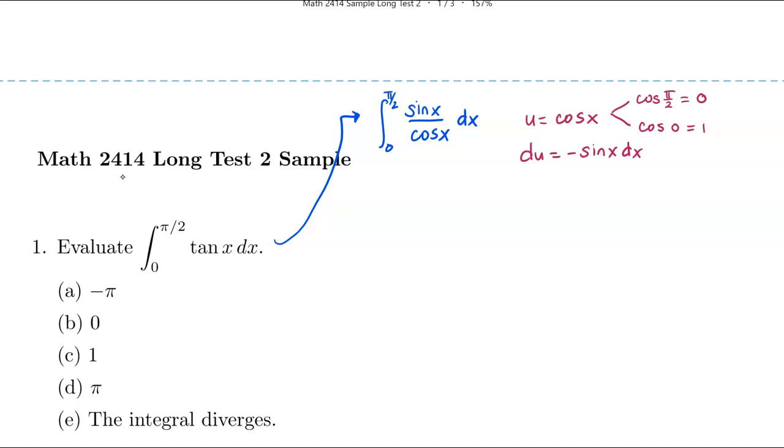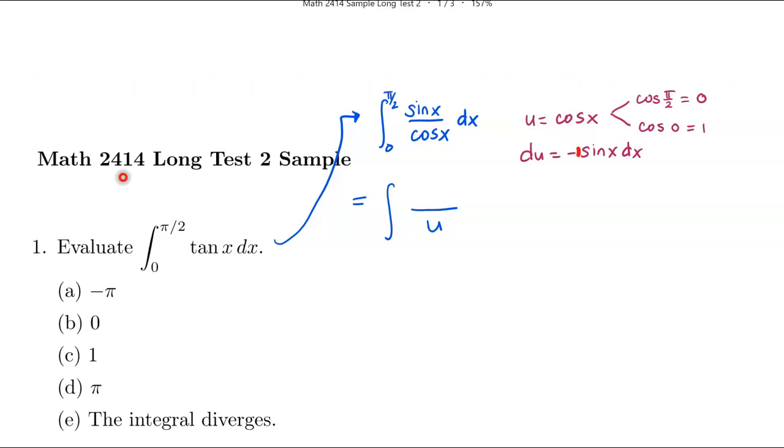And so using u substitution, make sure when you change the variable to u, you don't mix your x and your u. So we let your cosine x be u, and then you would write this as u in the denominator, and this sine x dx here is actually just equal to negative du.